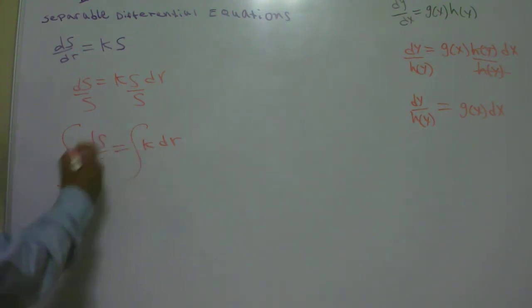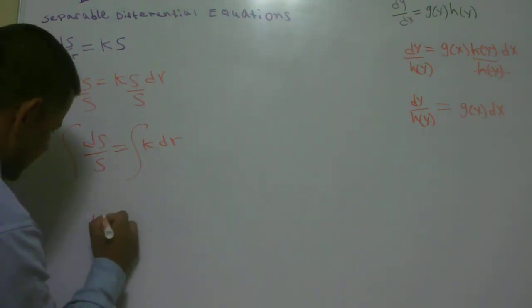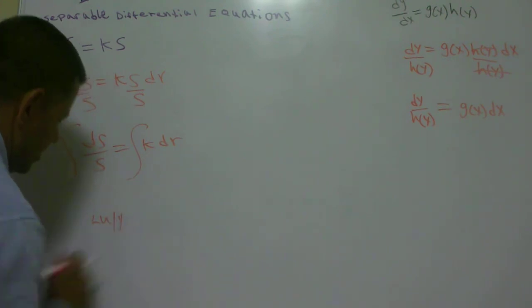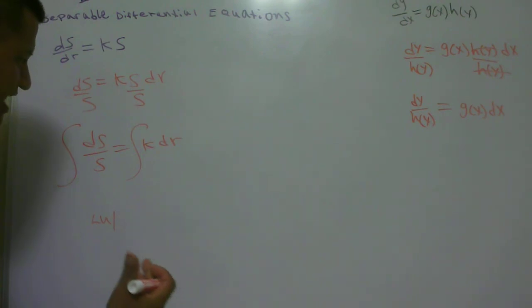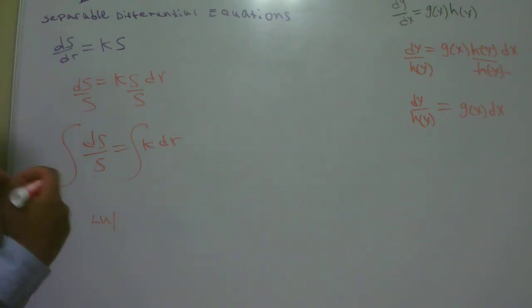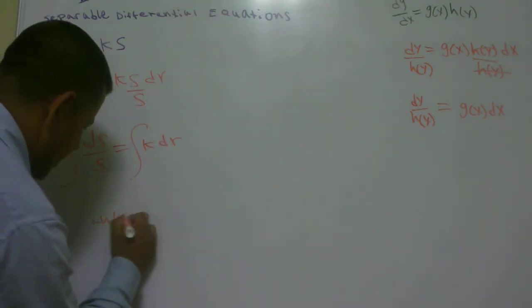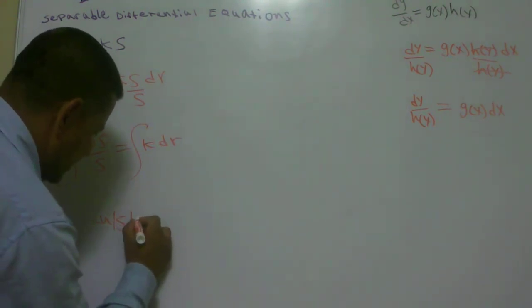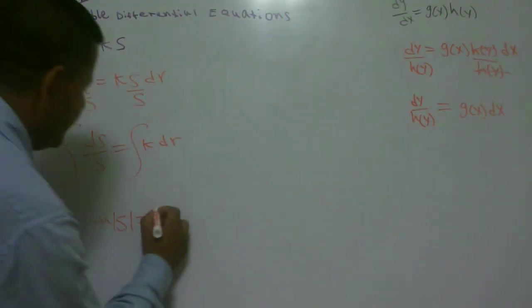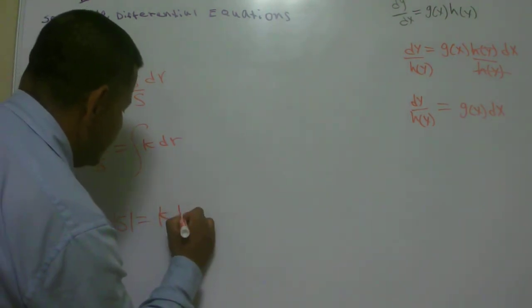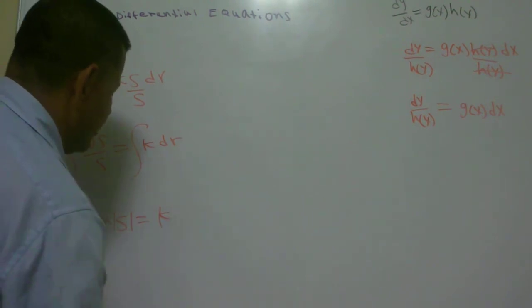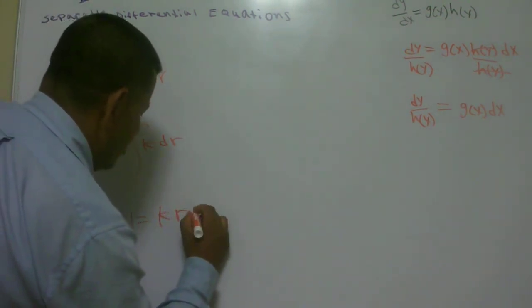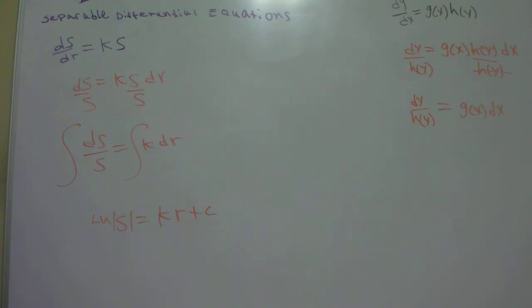When I integrate on both sides, I get ln absolute value of s, I'm sorry, I'm dealing with s and I was thinking I was dealing with x, is equal to the integral of k dr, which is kr plus c.